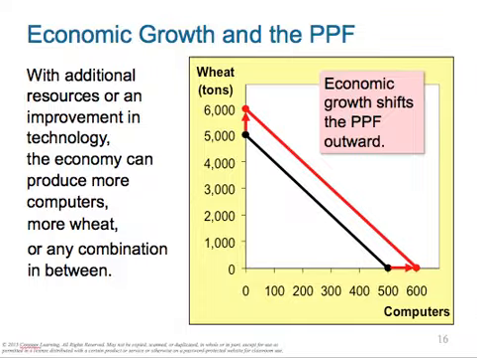For example, if a new technology had more impact on the computer industry than it did on the wheat industry, then the horizontal computer intercept would increase more than the vertical wheat intercept, and the PPF would be a little bit flatter. The opportunity cost of computers would fall because the technology has made them relatively cheaper. Again, this is an example where the technology increased production of computers and not wheat.